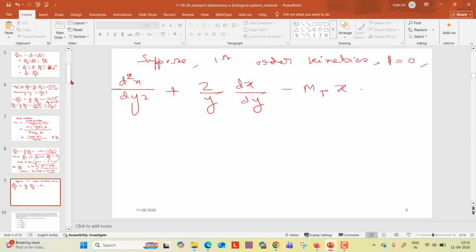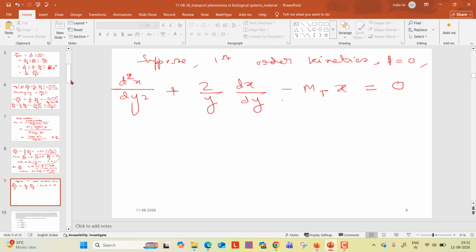We have kept the negative sign on this side also because the radial concentration of the substrate is going from outside to the inside, right? We have always considered that the positive direction is from the inside to outside, but here we are going from outside to inside. That is why we are keeping it minus even in the left hand side of the equation. This is the final equation. So still you cannot solve this equation.